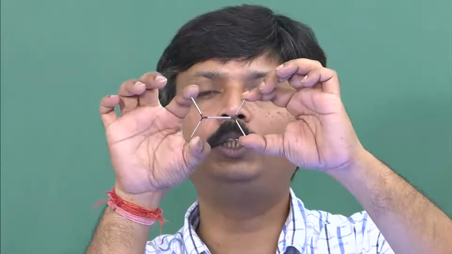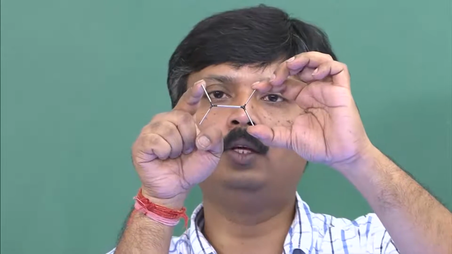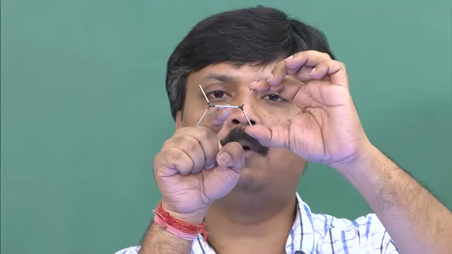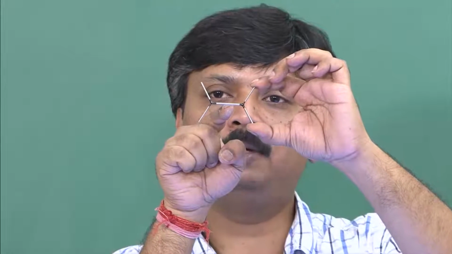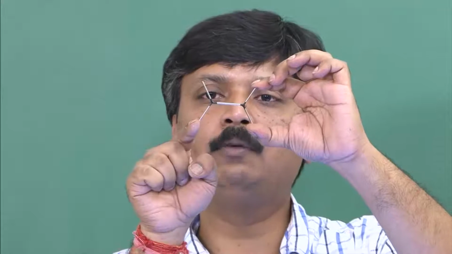Suppose you mark here 1, 2, 3, 4, then you take 1 and you start walking, reach the midpoint of this CC bond, and then keep going in the same direction by the same amount, you will reach here, right? Similar thing will happen for this hydrogen. This will reach here, and the other one sitting here will come here, correct?